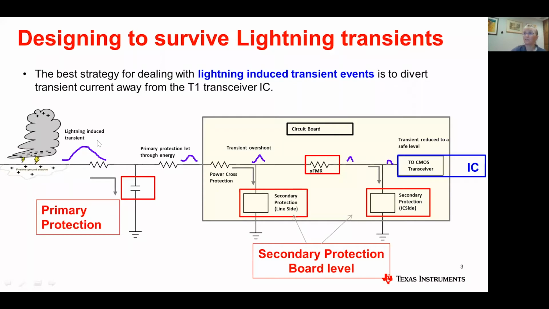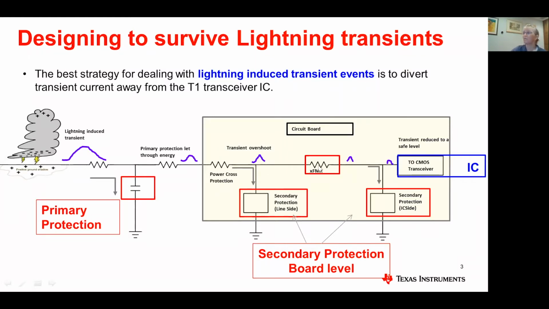So the energy is diverted to ground through the primary protection, but there is some lesser energy that's let through, and that is dealt with through secondary protection. On the circuit board, there's line side protection, a transformer, and IC side protection.